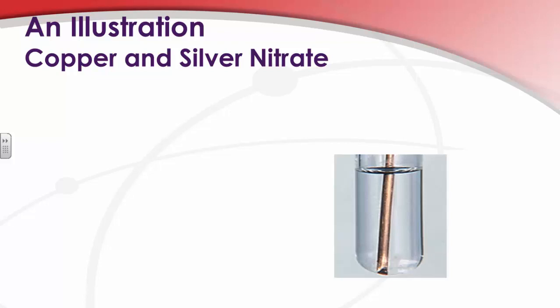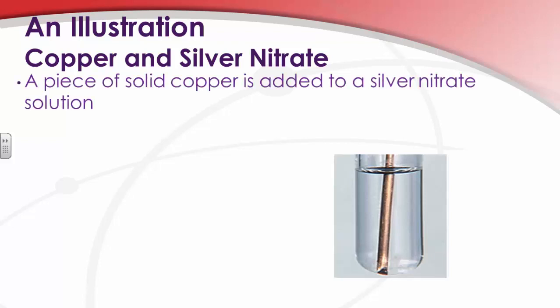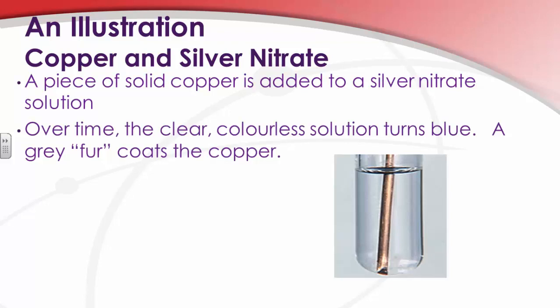So if we take an illustration, we can take a solution of silver nitrate in a test tube, and we can insert a piece of copper. And after a little bit, something funny happens.